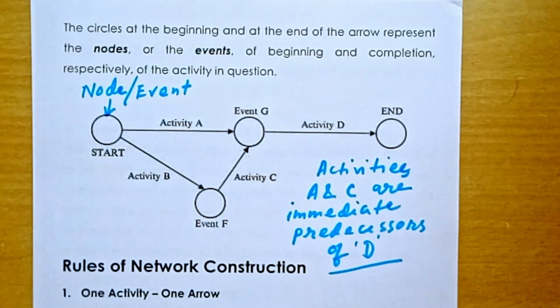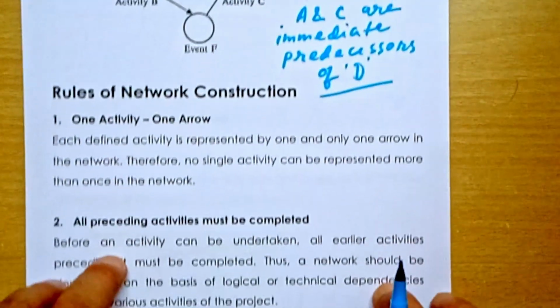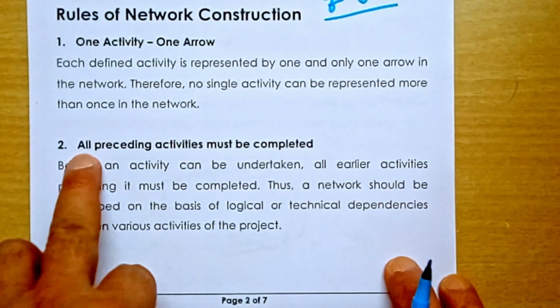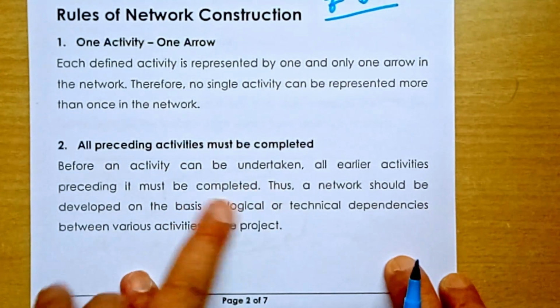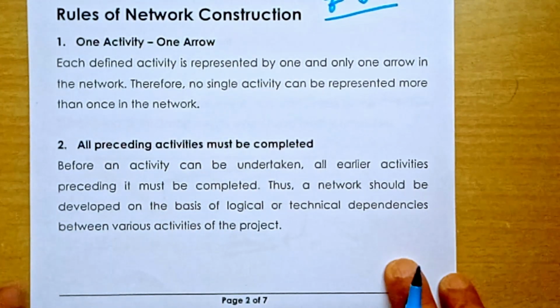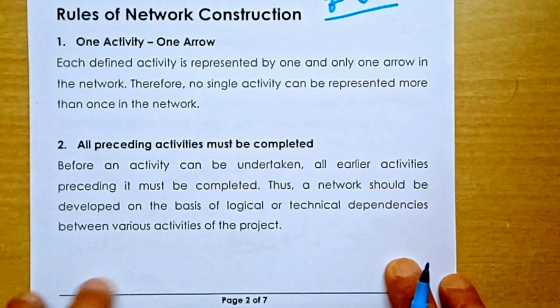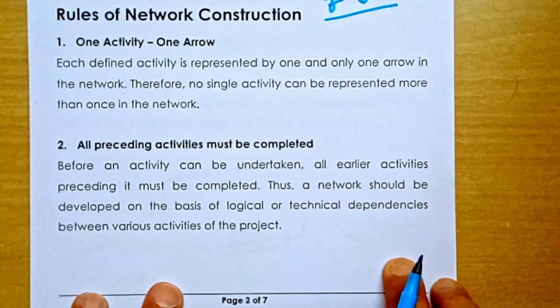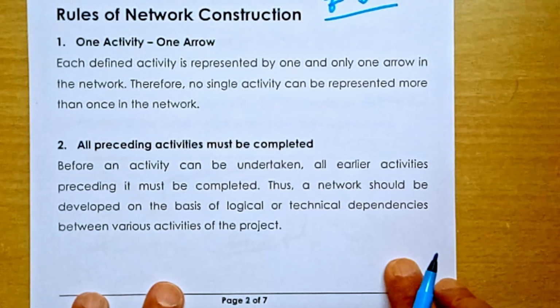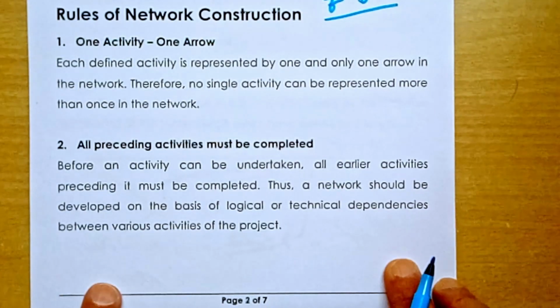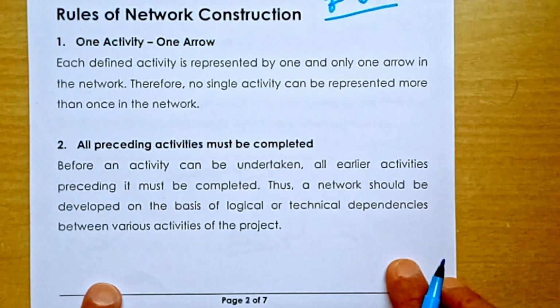Once they are completed, then only you can start activity D. Therefore, it is said all preceding activities must be completed before an activity can be undertaken. Thus, a network should be developed on the basis of logical and tactical dependencies between various activities of the project.